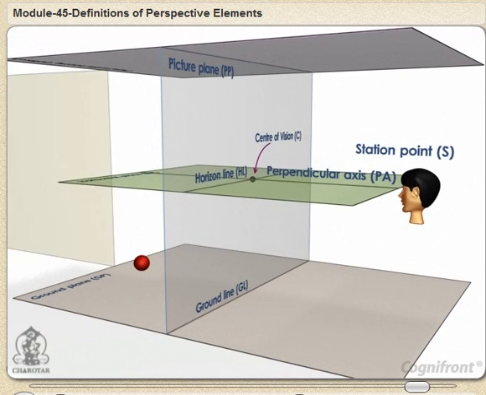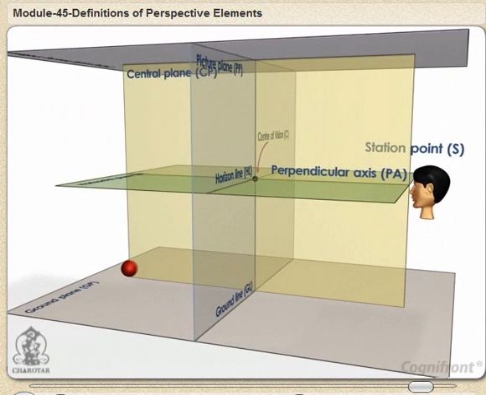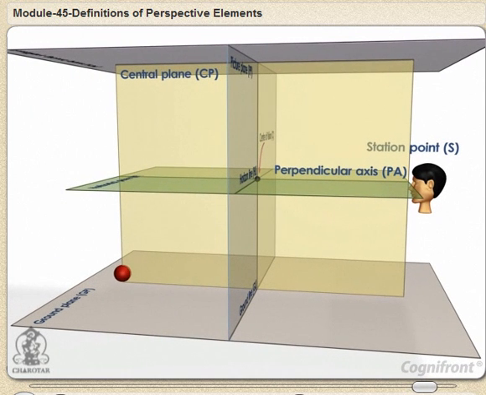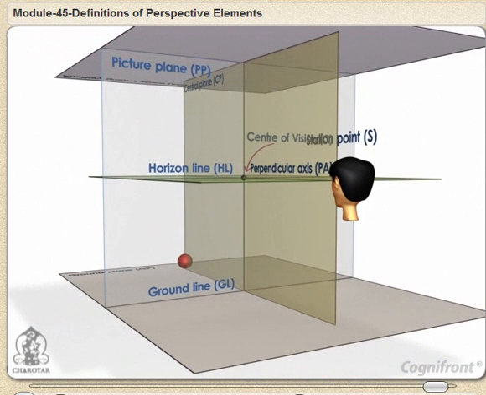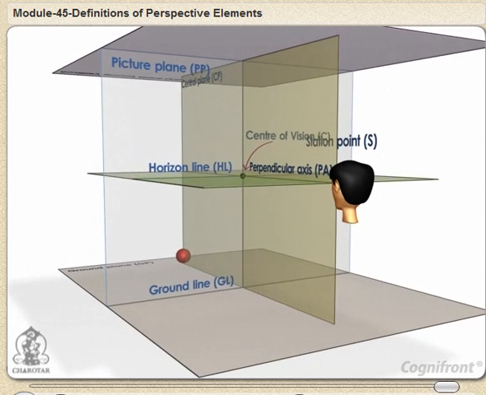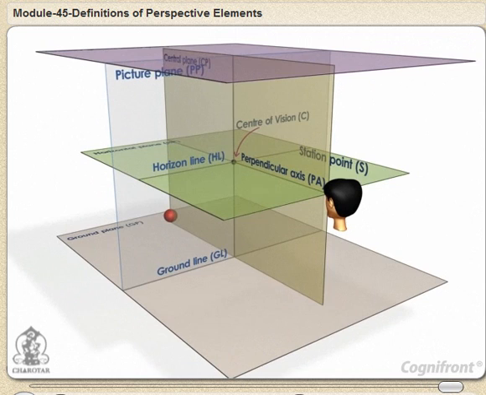Central plane CP. It is an imaginary vertical plane which passes through the station point and the center of vision. It contains the perpendicular axis. It is perpendicular to both the picture plane and the ground plane.